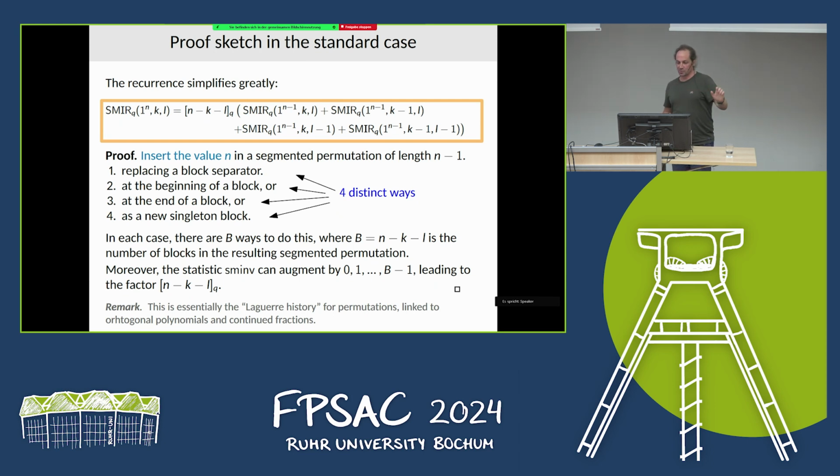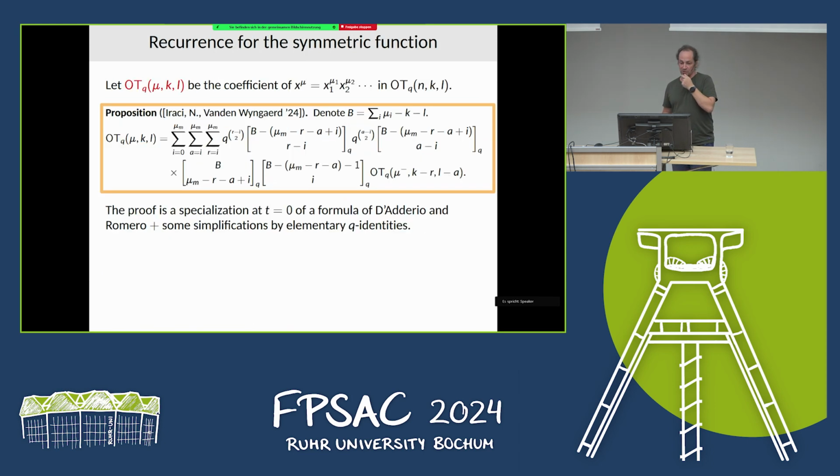Okay, so we have this nice recurrence for the segmented Smirnov words. It turns out that this mysterious generating function, if you extract the coefficient of x to the mu, also satisfies exactly the same recursion. This was the starting point, I should say. The proof was done in an article of Michele D'Adelio, who's in the room, and Mariano Romero, I think, is also there, plus just some simplifications because they have a more general case and you just specialize at t = 0.